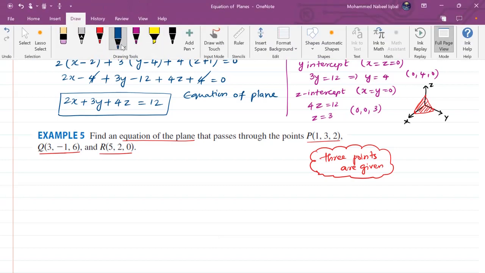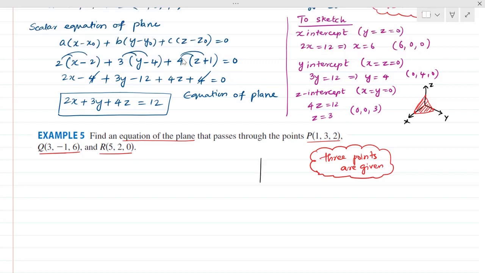First of all, we have to form the normal vector. For that, we have to draw the graph. The graph looks like this. If you draw the points, this is x, y, z, and here we have the point P, the point Q, and the point R.